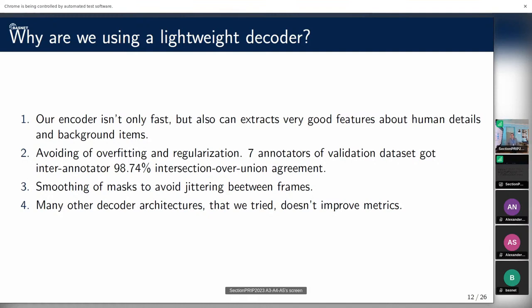For example, I know that if we annotate validation datasets by 7 annotators, then we will get inter-annotator intersection of about 99%, and so we have some mistakes in our data labeling, and it can be a reason for jittering between frames, for example.